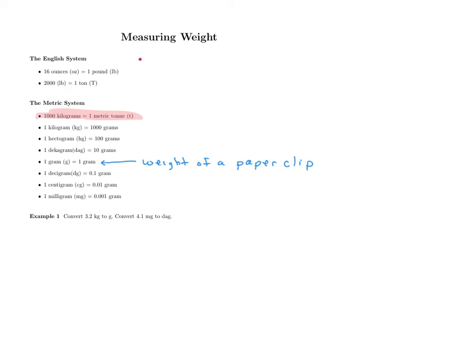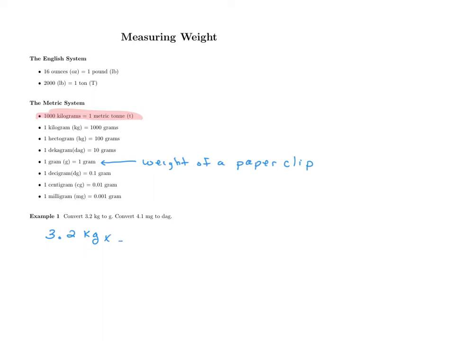Now that we've discussed these different units and their conversion factors, in example 1, let's start with the metric system. I'd like to convert 3.2 kilograms into grams. I will first use dimensional analysis, but as we'll see, ultimately we're just moving around a decimal point. So we have 3.2 kilograms, and according to this, 1 kilogram is equal to 1,000 grams.